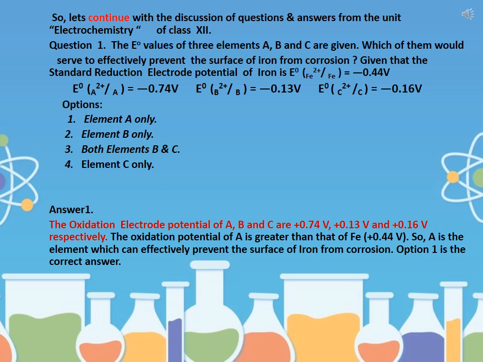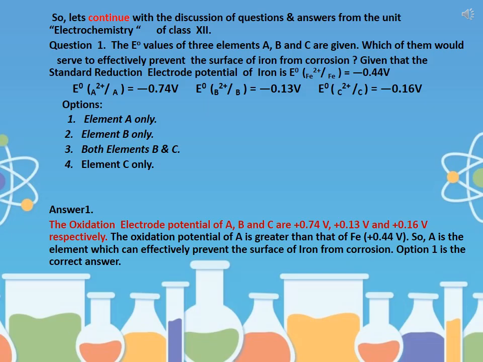So if you look at the standard oxidation electrode potentials of elements A, B, and C, what you have to do is just change the sign of the electrode potential. If it is minus in the reduction potential, it would become positive in the oxidation potential.